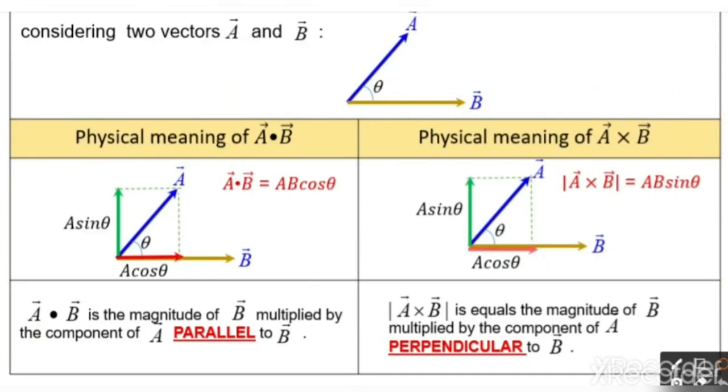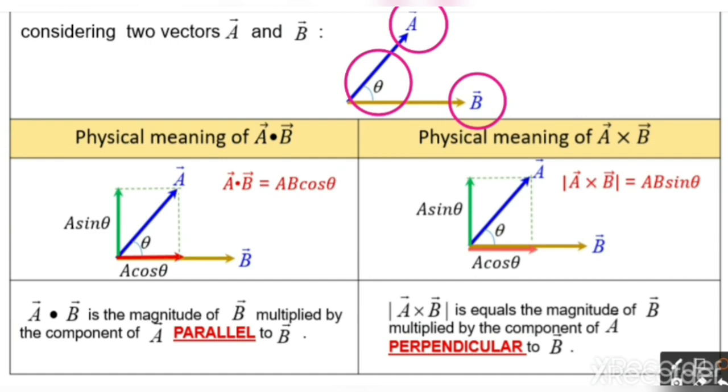State the physical meaning of the dot or scalar product and the physical meaning of the cross or vector product. For example, we have two vectors, A and B, with an angle theta between them.